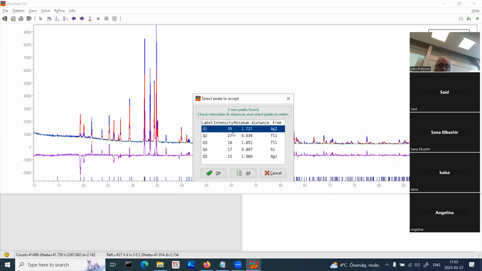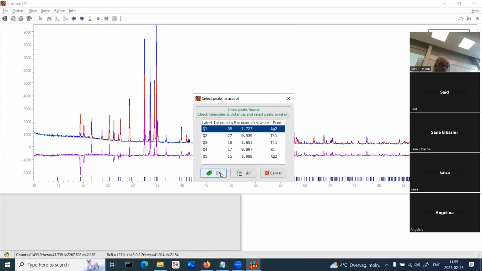And then we have a lot of peaks here. One of them is bigger than the others, and it's 1.7 from silver 2. And this one is very close, too close, I would say. This is perhaps okay in distance, but it's much lower, so I suggest this one.